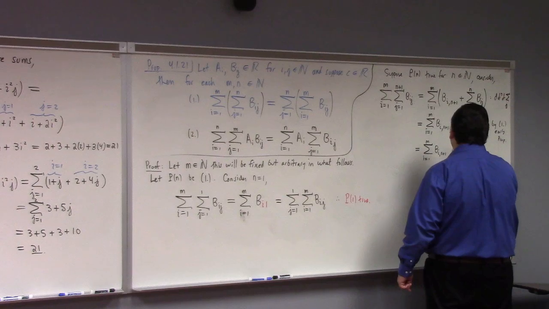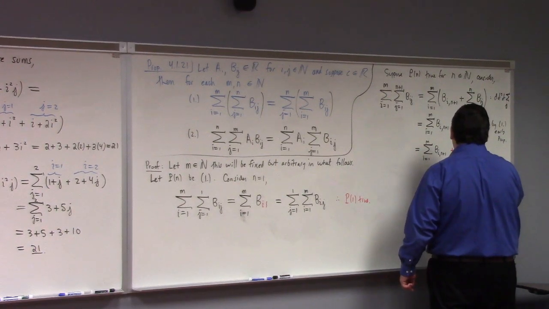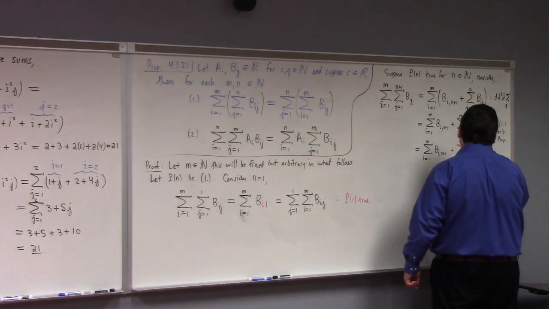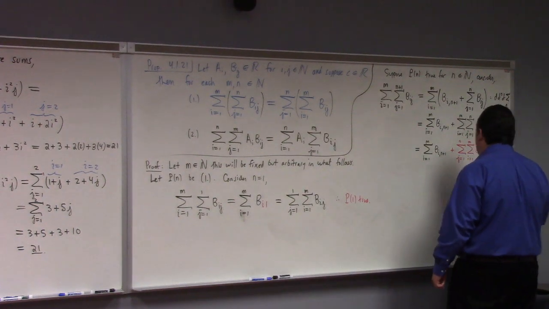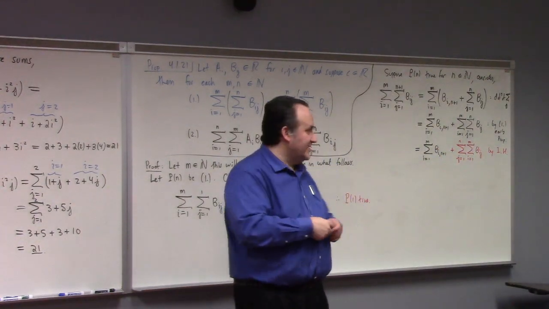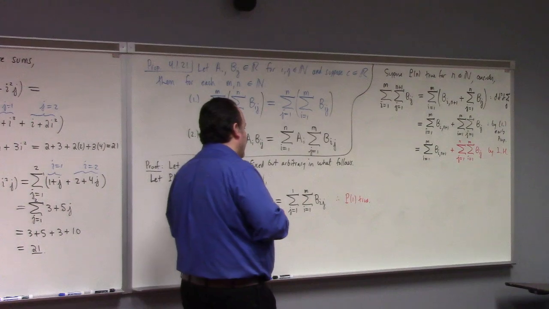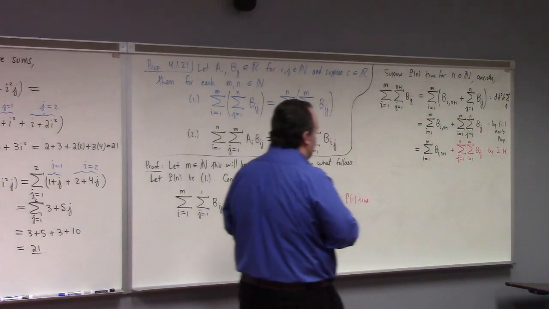So this is the sum j equals 1 to n, the sum i equals 1 to m of b_ij by the induction hypothesis. I'm really liking that induction hypothesis abbreviation. Maybe don't do that in a paper if you write one, but it'll work for this class.